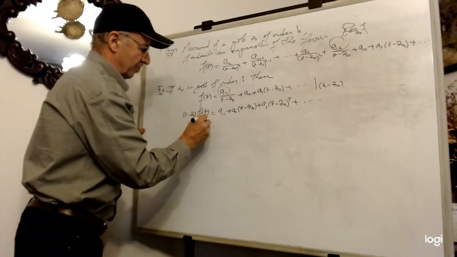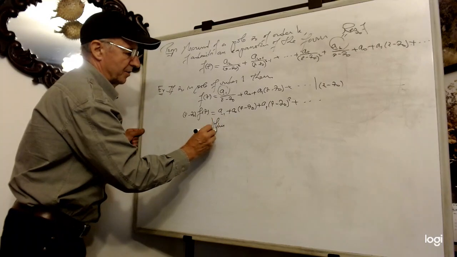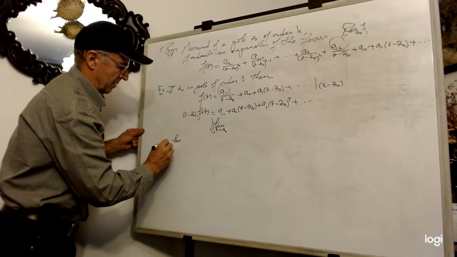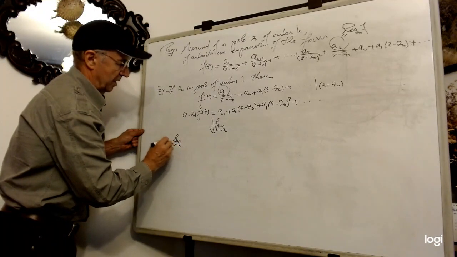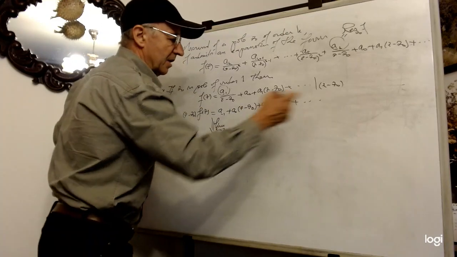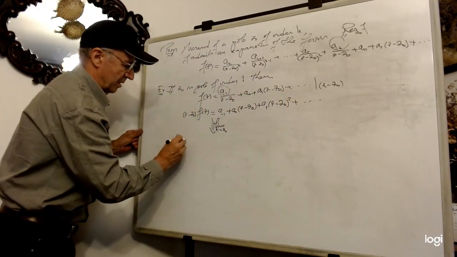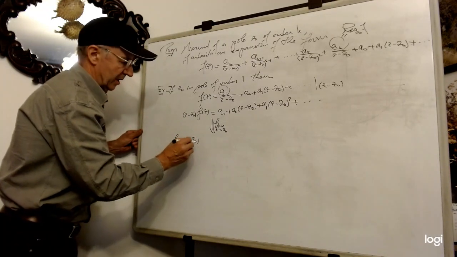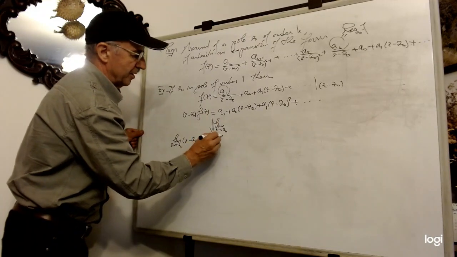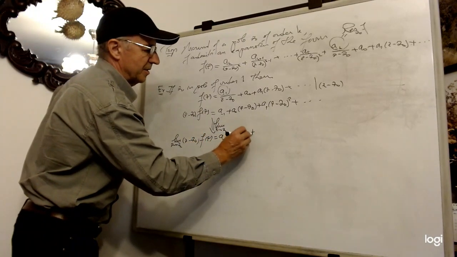And if we consider now the limit for z going to z0, f is not defined at the point z0, so we cannot put z equals z0 in this expression, but we can consider the limit, which will be a_{-1} + 0 + 0 + and so on.